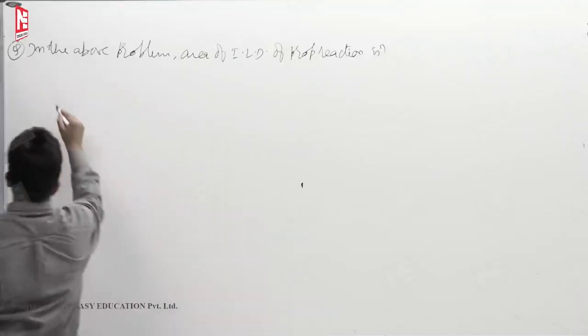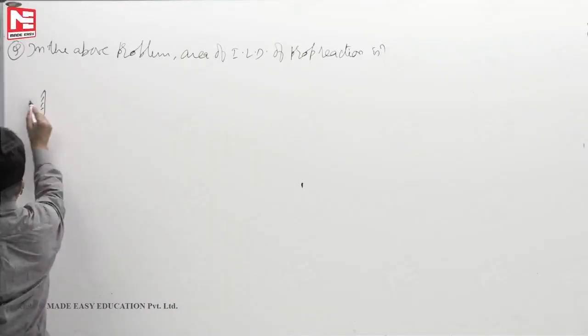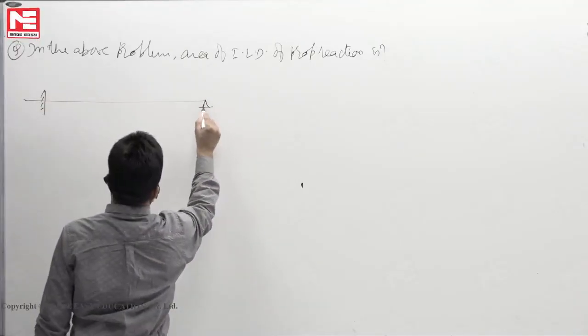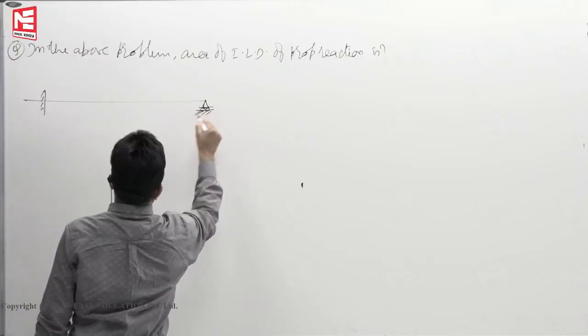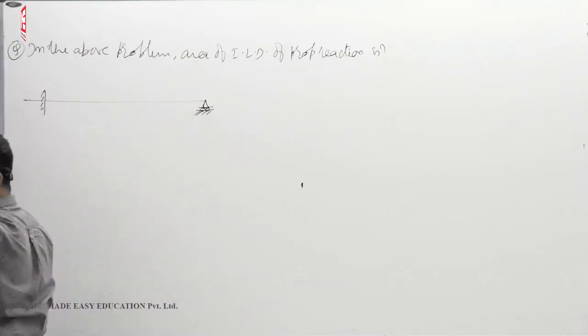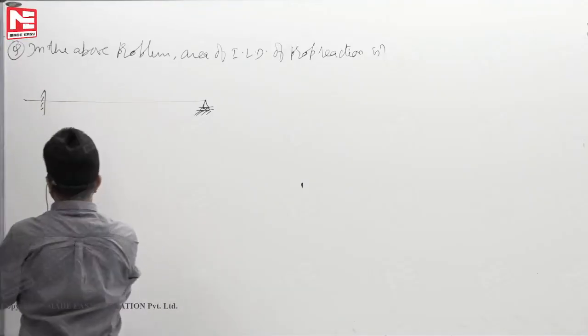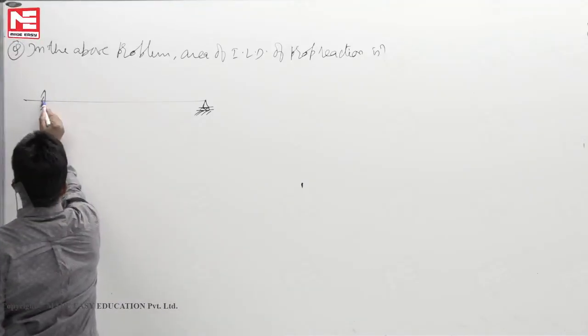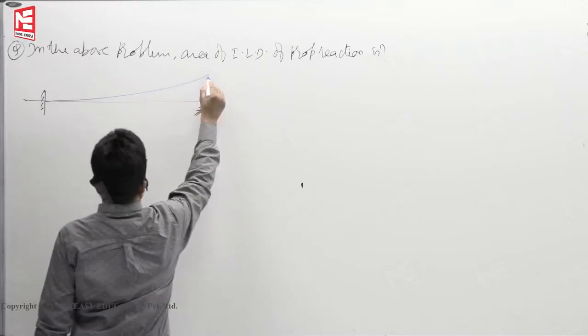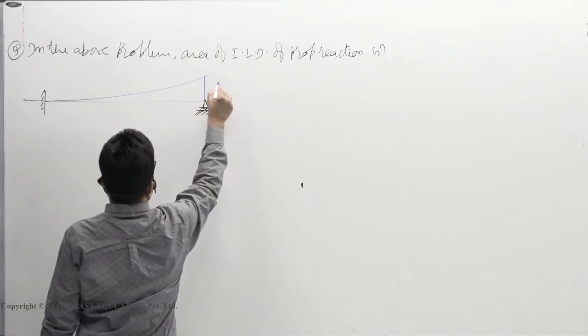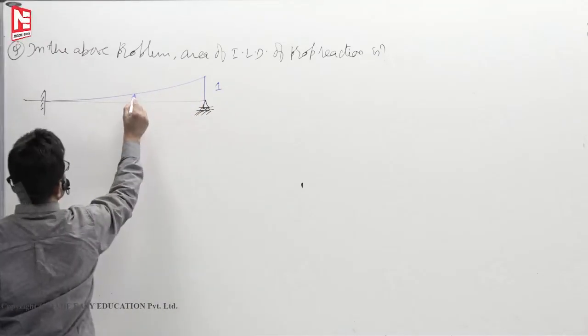Now, if you want to find this area, this is the influence line diagram. This height is 1, a third degree curve it is.